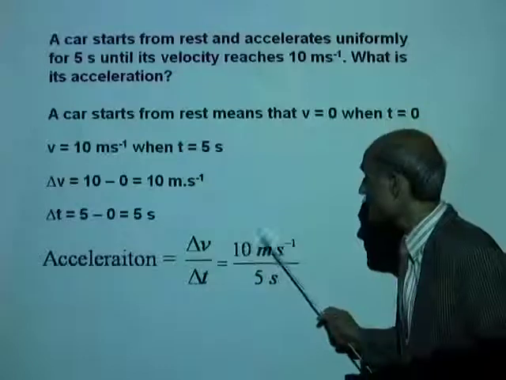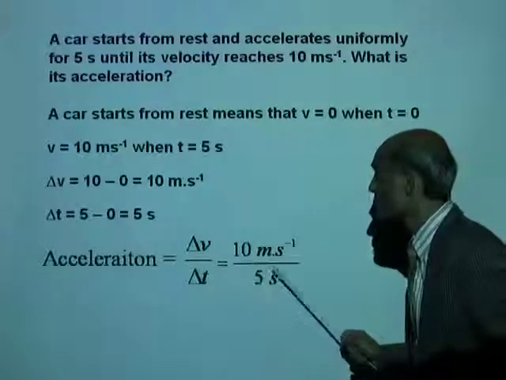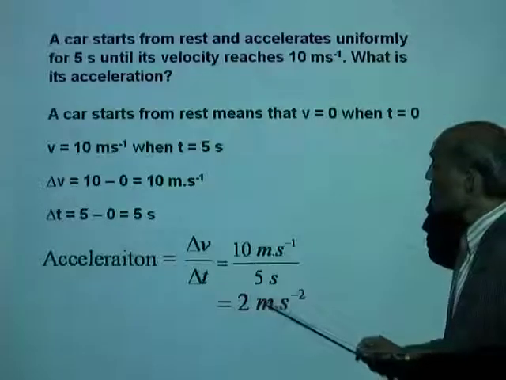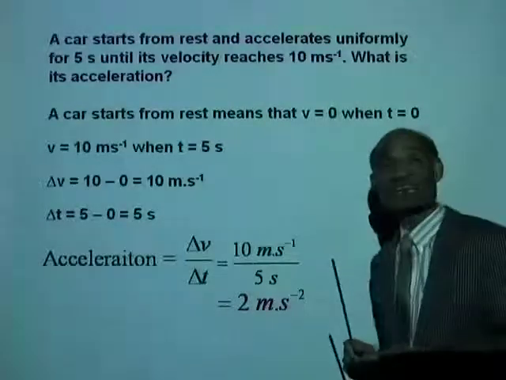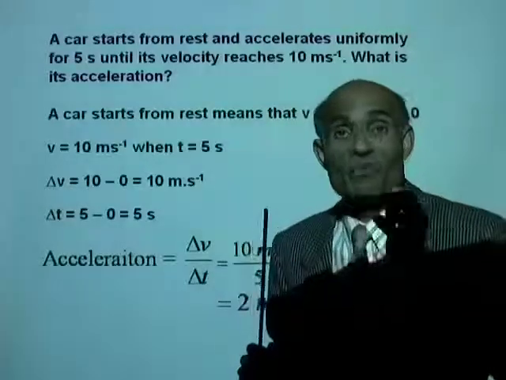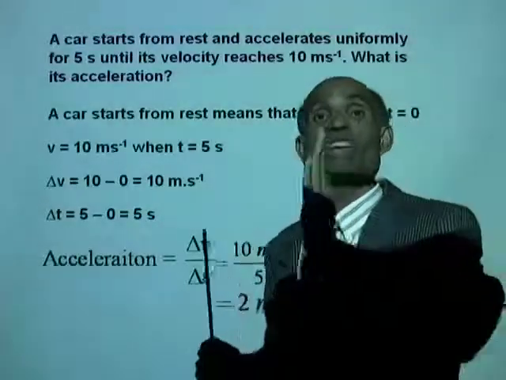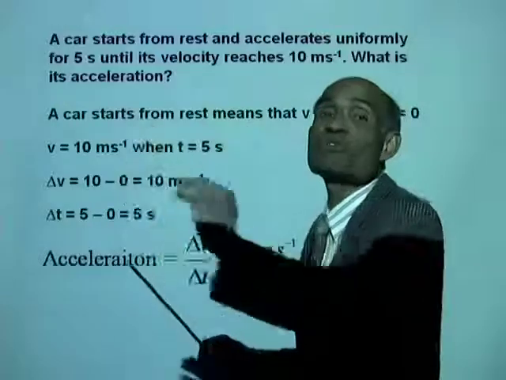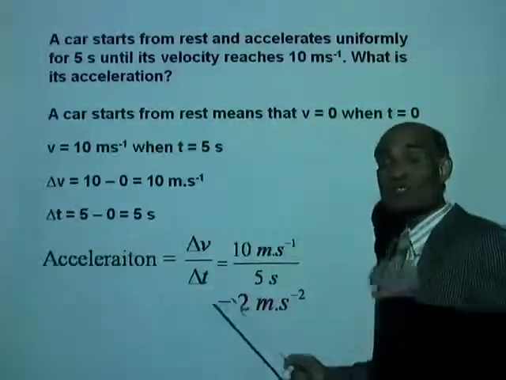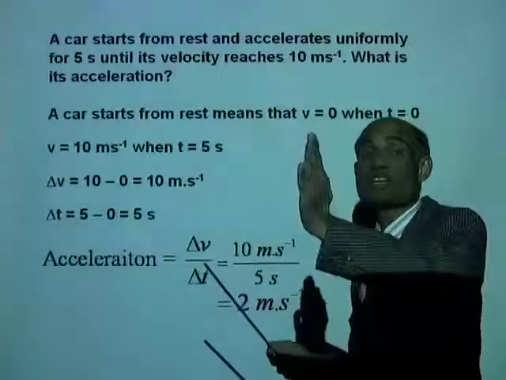That will be 10 meters per second divided by 5 seconds. That will be 2 meters per second squared. It means every second the velocity of the object increases by 2 meters per second. That's the meaning there. Acceleration is positive, velocity is increasing.